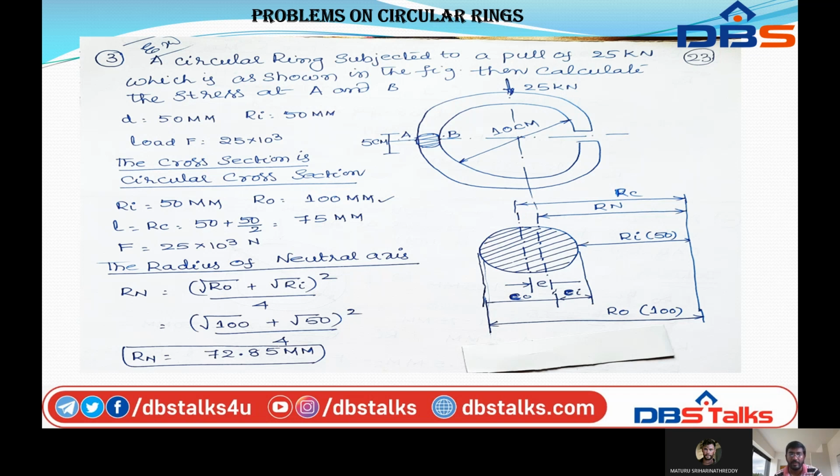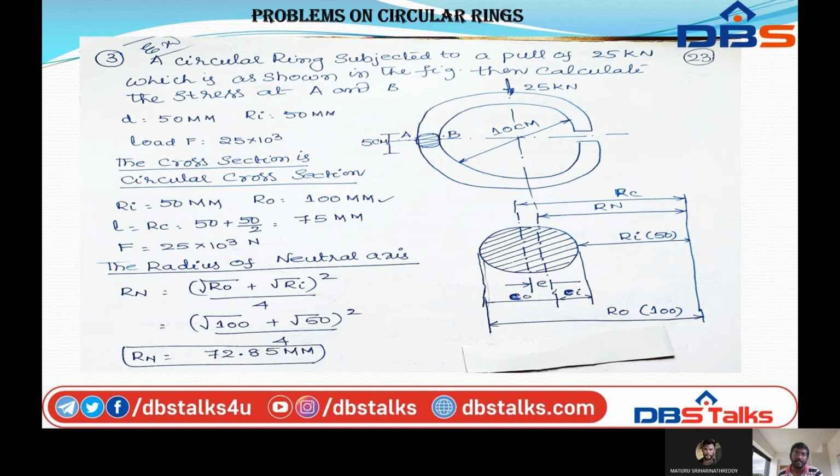So radius Ri equals 50 mm. Why is it 50? The total length of the outer radius is 100, and the inner radius is half of this length. That's why we use Ri equal to 50 mm and R0 equal to 100 mm.